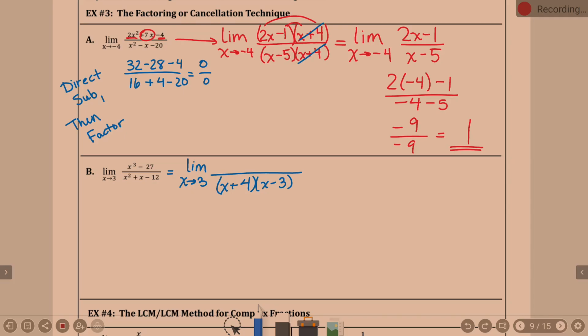Okay. Do we remember how to factor the numerator? It'd just be like 3.